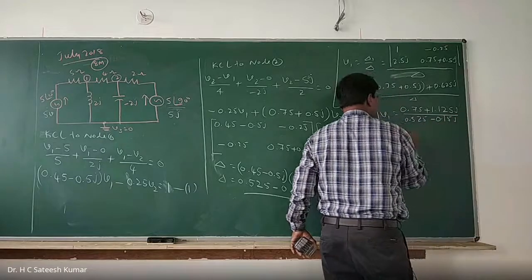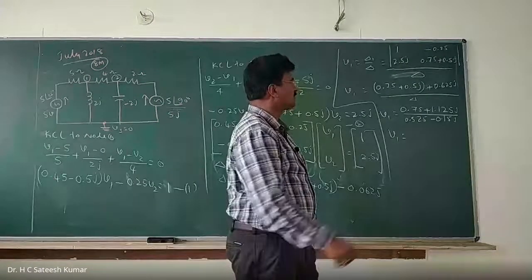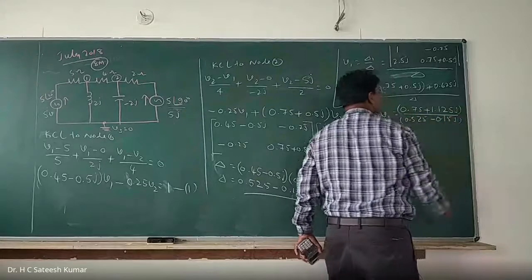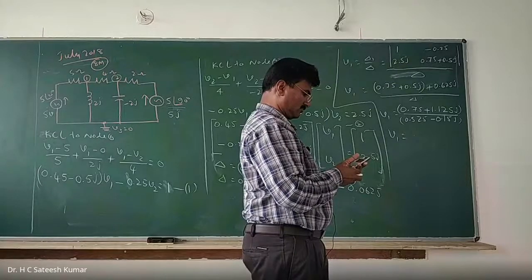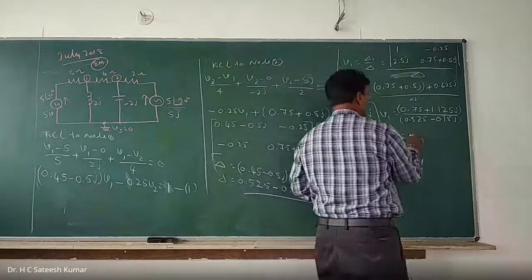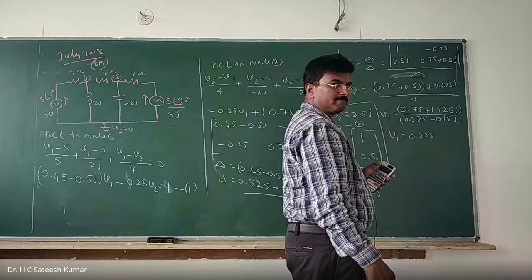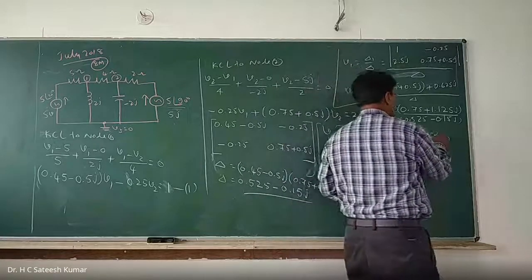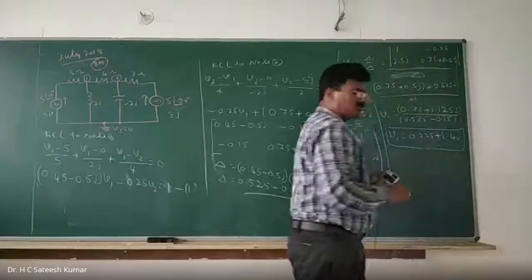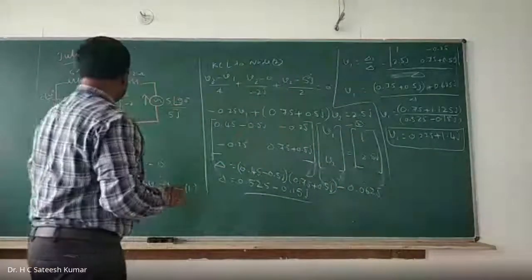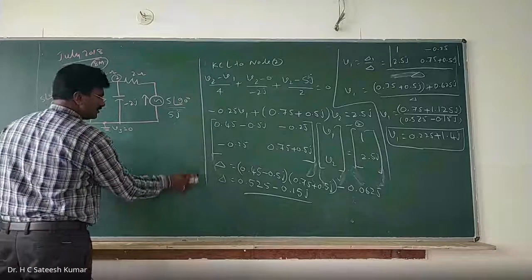V1 is 0.225 plus 1.4J. Please check it; if any calculation is wrong, verify. Now we got V1. This will fetch you around 4 marks.